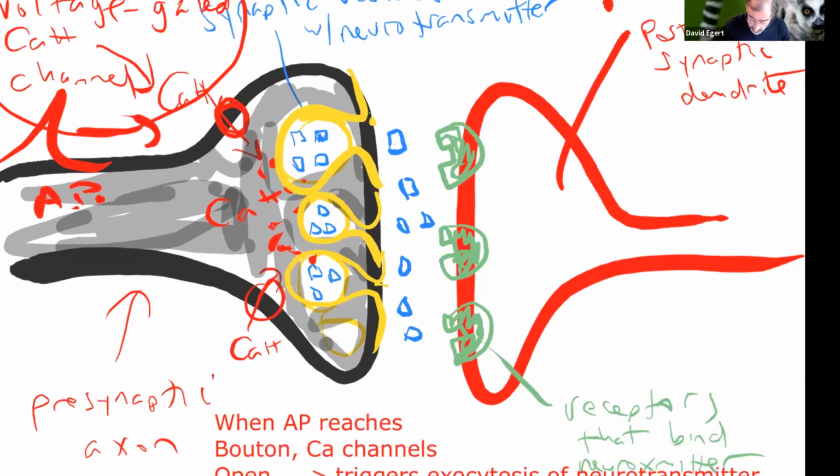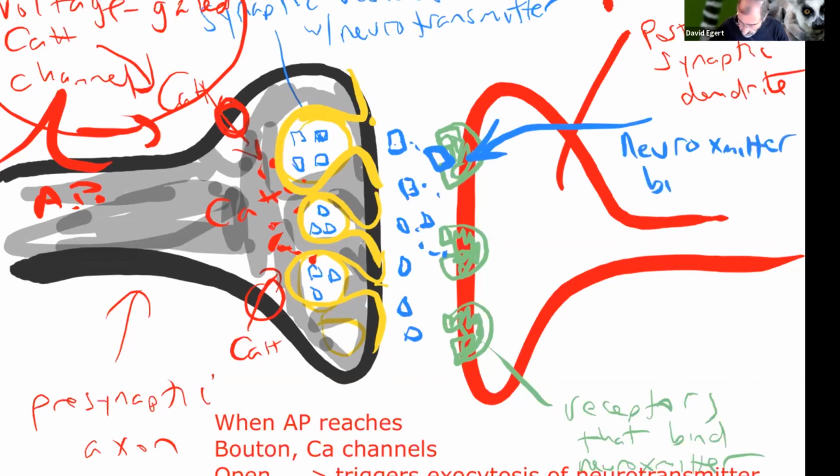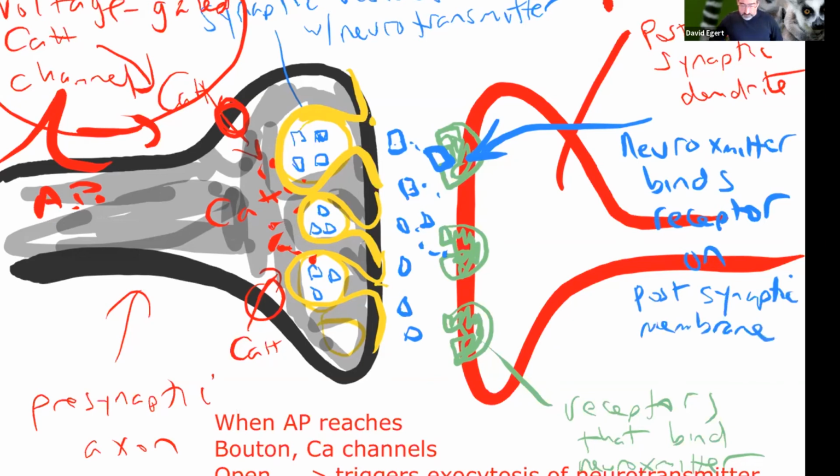Obviously, the neurotransmitter drifts across. Neurotransmitter is going to bind the receptor on the postsynaptic membrane. And then what happens?